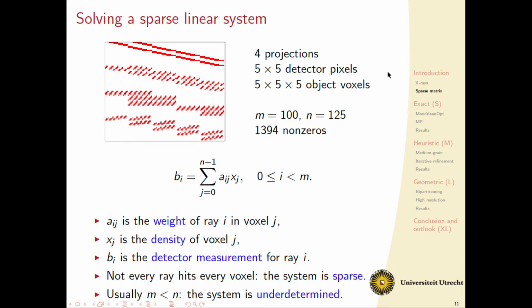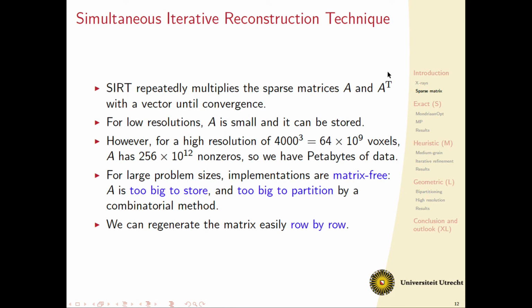These rays, they hit from all sides. And so if you have a 5 by 5 by 5 object, then you could imagine that at least every ray hits 5 voxels, maybe more. So you get a sparse system. But nowadays we do have very high resolutions. So if you have a 4K by 4K by 4K voxel space, then you get 64 billion voxels.